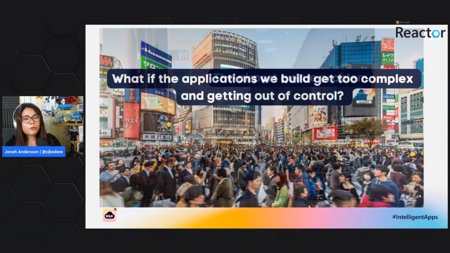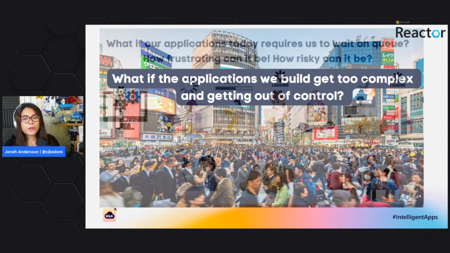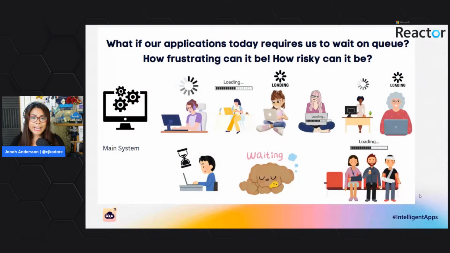And what if our applications get too complex and out of control, and we don't know how to control them, just like the traffic or the queues of people that we sometimes see in big cities? What if the applications we use on our laptops, desktops, mobile phones, and even IoT devices have to wait for these systems because they keep loading and waiting on each other?